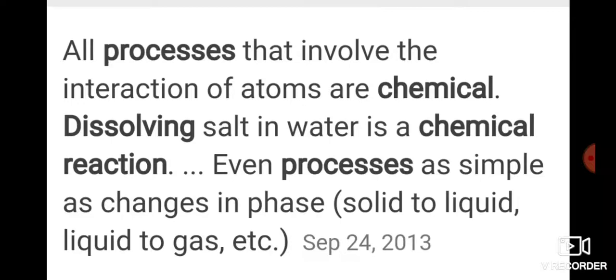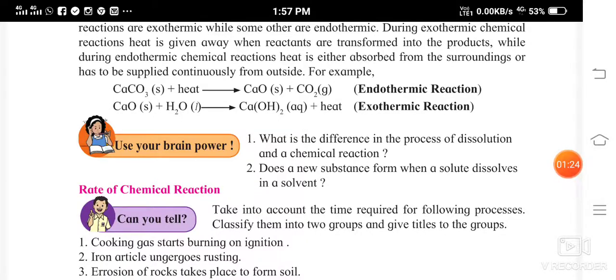But what happens when sugar dissolves in water? It is going to be divided uniformly everywhere in the water. Even processes as simple as changes in phase, that is solid to liquid and liquid to gas. Does a new substance form when a solute dissolves in a solvent?